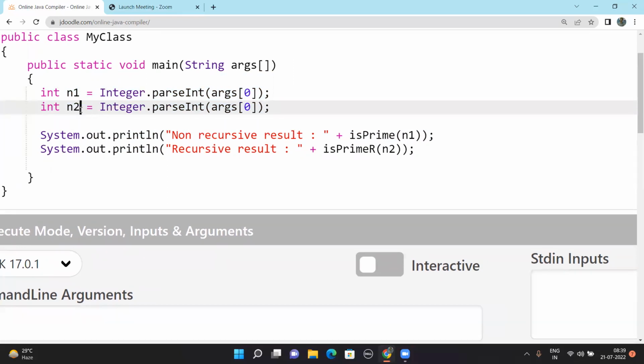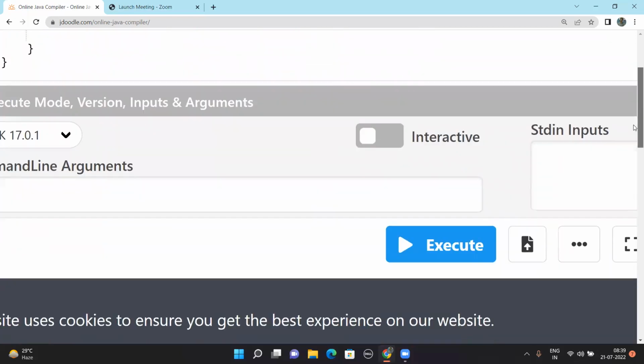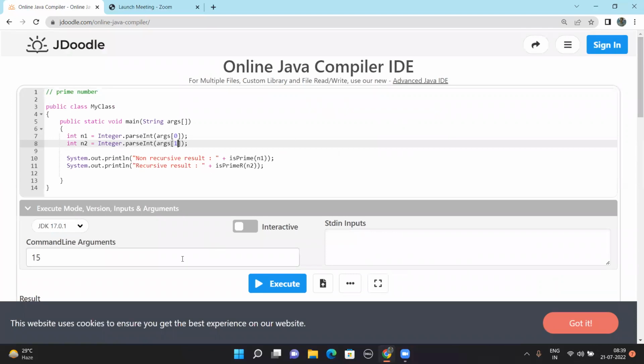This is n2 and this is args[1]. Enter the values here. First one is 15. Corresponding output is false. Second one is 17. So the corresponding output is true, right?